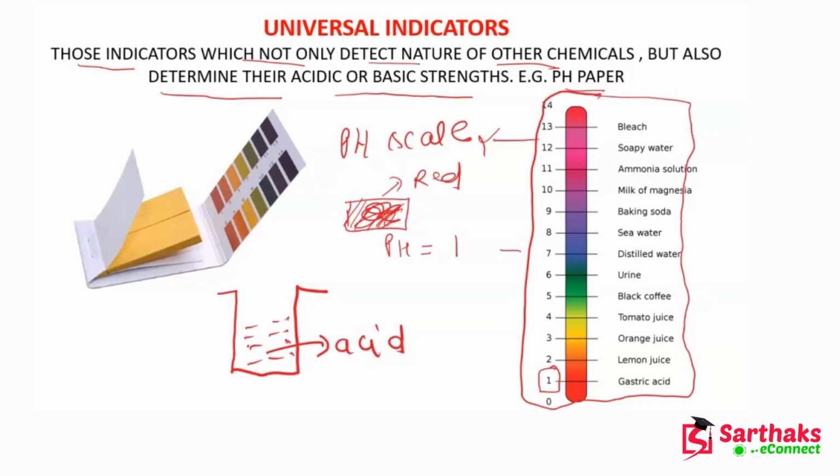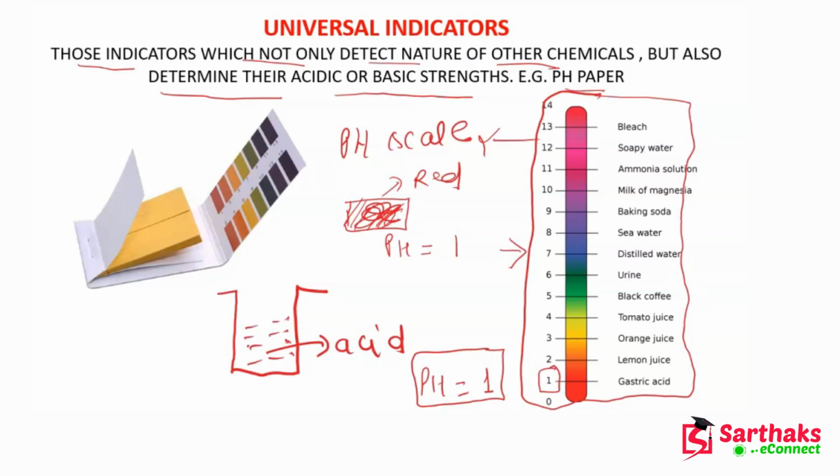Let me clear your concept again. If the pH is between 1 and 7, then the chemical substance has acidic nature. But if the pH is from 7 to 14, then the chemical substance is basic in nature. If a chemical substance has pH 1, it means it is very acidic.